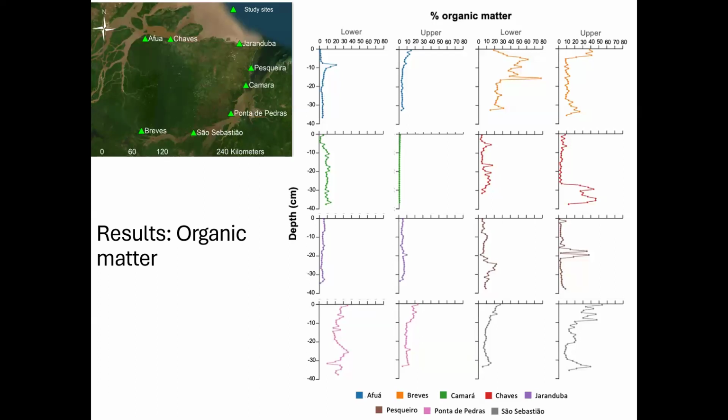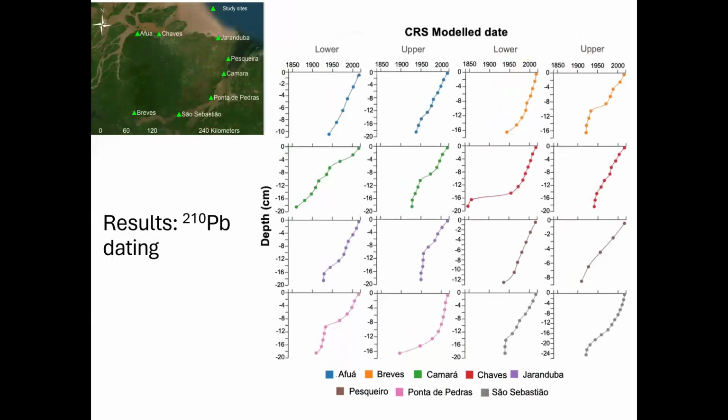The ones with the richest organic material were those in the Varzea type ecosystem, much more so than in the mangroves. But the mangroves have fairly high levels of organic material from a mangrove perspective.